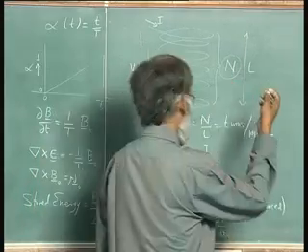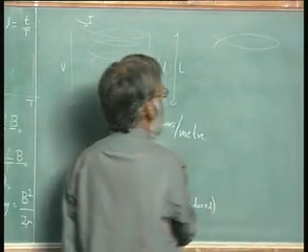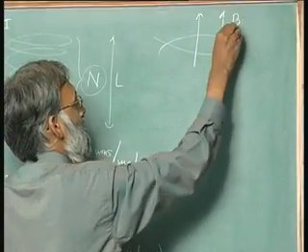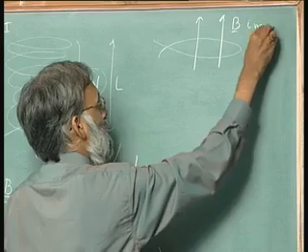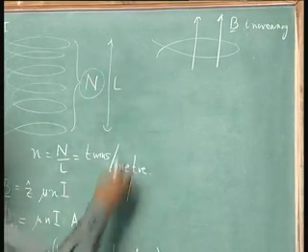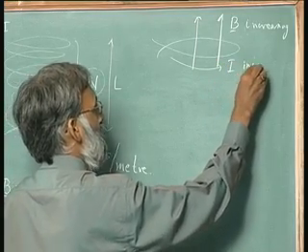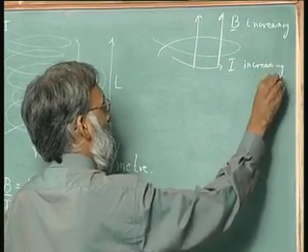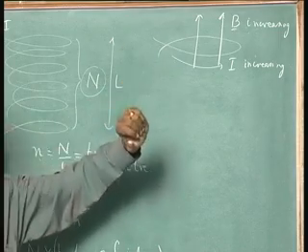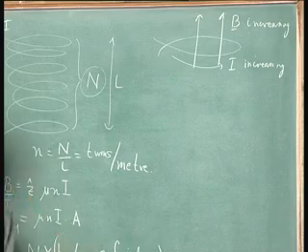So, let me explain that sign again. If I have a loop and I have a strengthening magnetic field, B is increasing because the current I is increasing. Now, if the current is increasing and therefore, the B is increasing, what is happening is an EMF is developed. What is the direction of that EMF?